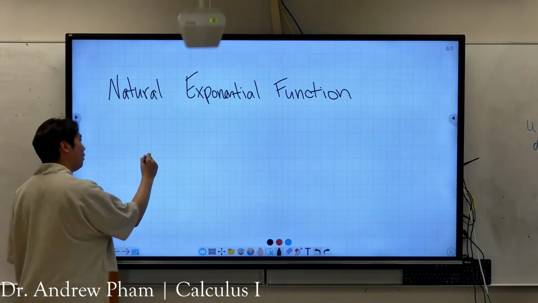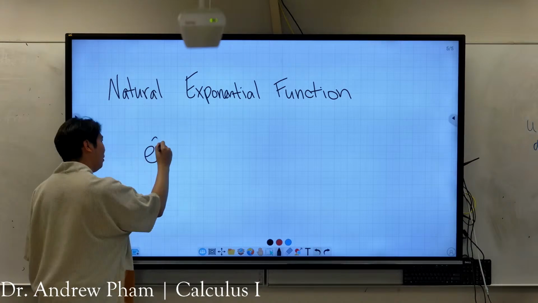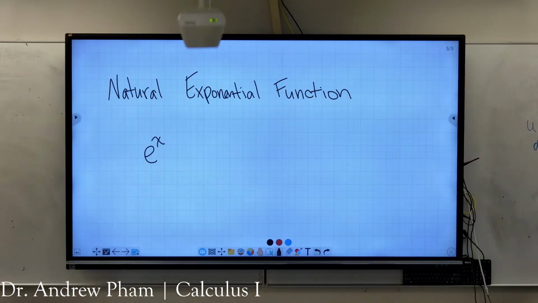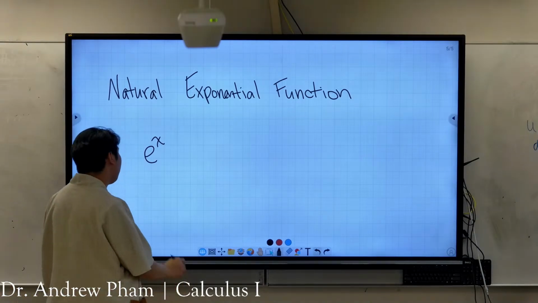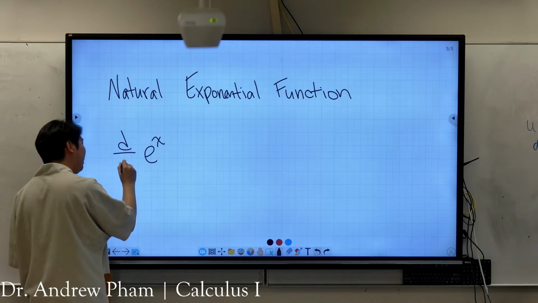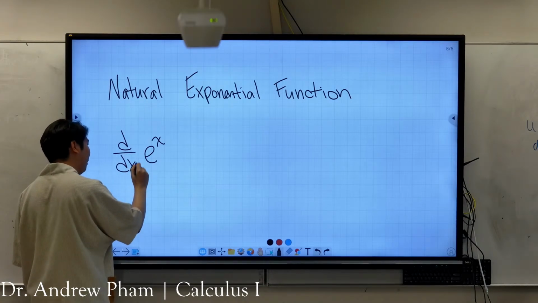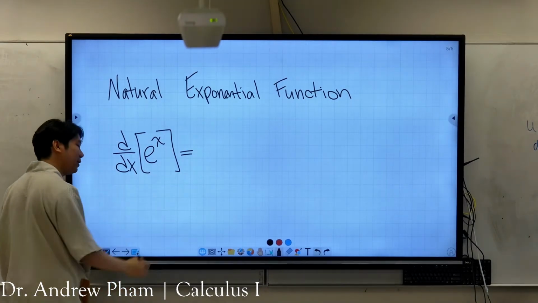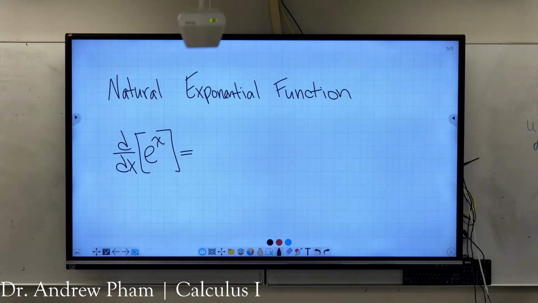That is the famous e to the x. So the question is, what is the derivative of e to the x? And why am I claiming that this one is actually going to be a fairly straightforward one?